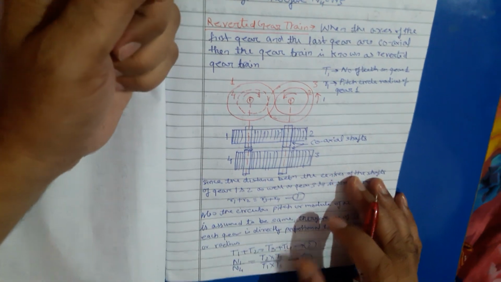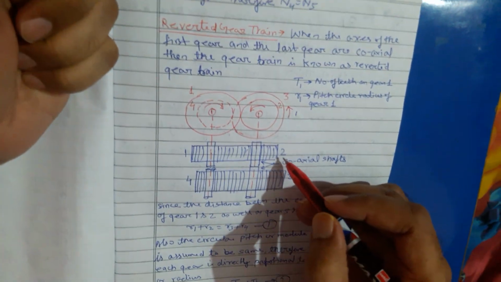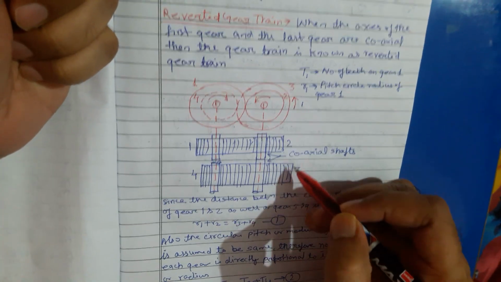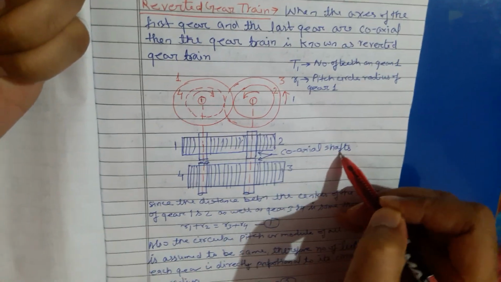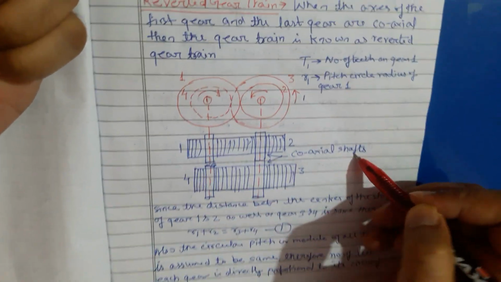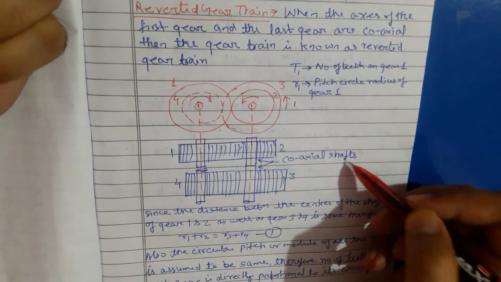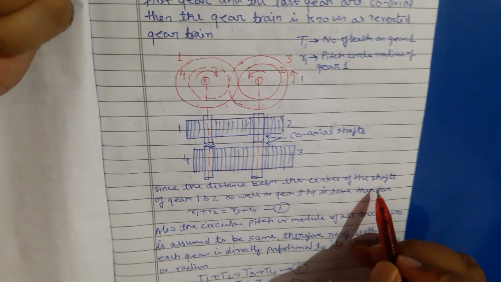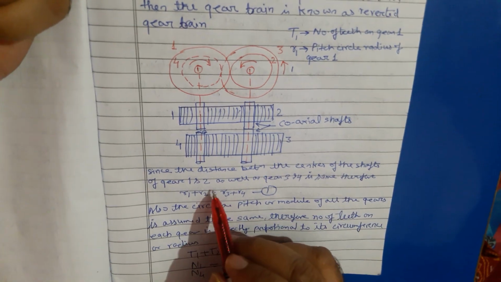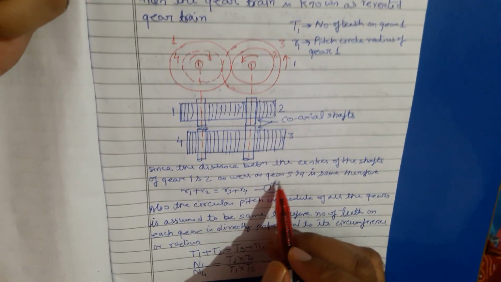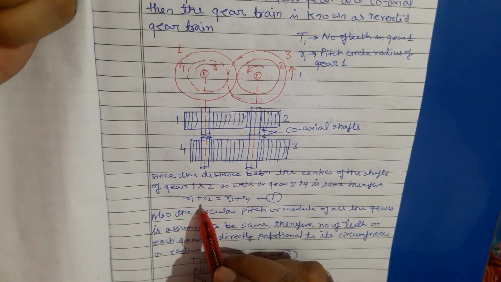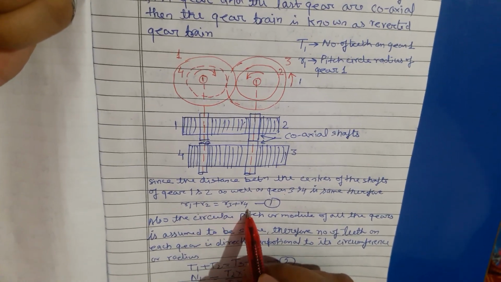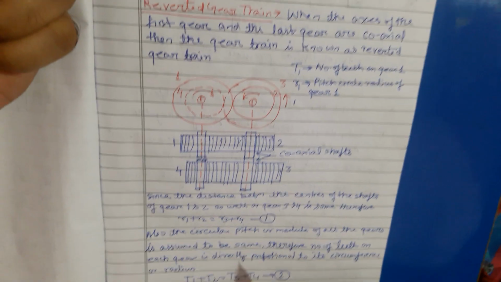Here we have to see that gear number 2 and 3 and the shaft will be coaxial, and we also see that the distance between the centers of the shafts of gears 1 and 2 as well as of gears 3 and 4 is the same. Therefore R1 plus R2 is equal to R3 plus R4.